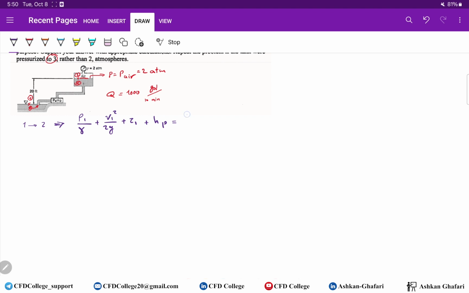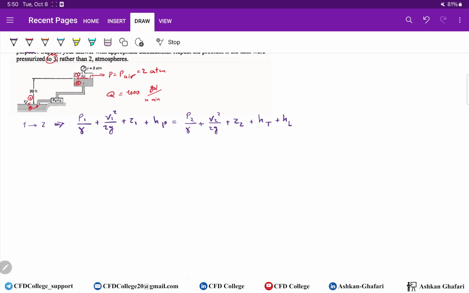So basically on the right hand side we have P2 over gamma plus V2 square over 2g plus Z2 plus head of the turbine and head loss, HL.